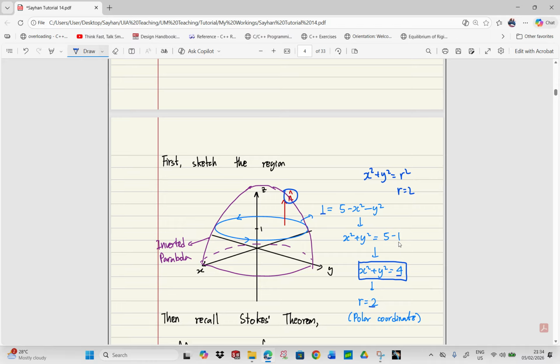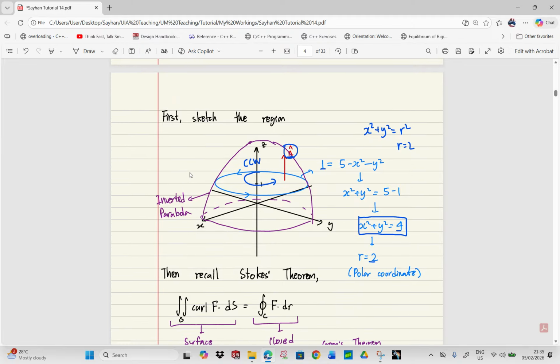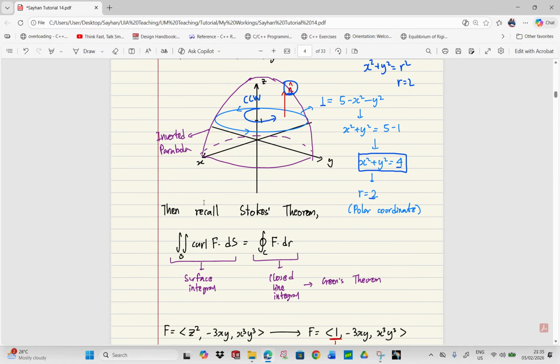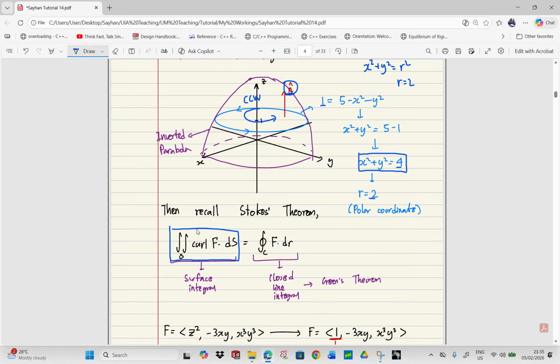And since our n is going upwards, our rotation is going to be counterclockwise. So recall Stokes' theorem: the surface integral of the curl of the force dS is equivalent to the closed line integral again.